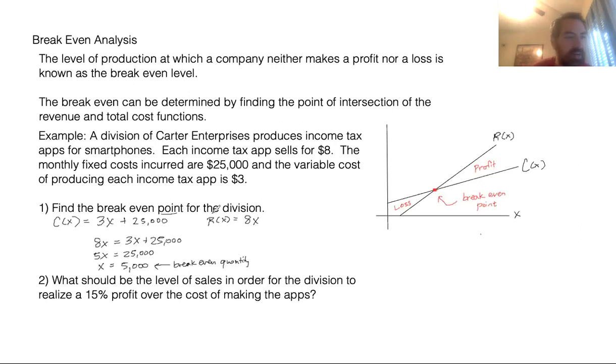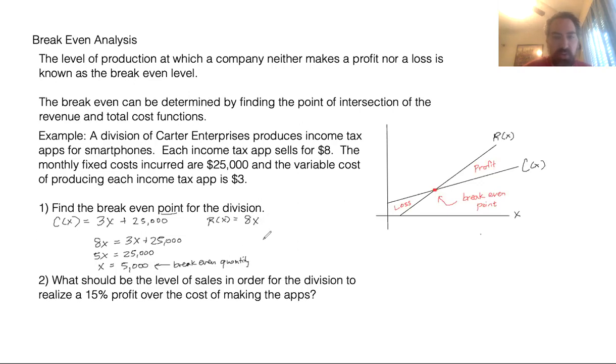To find the Y value, we can take this 5,000 and substitute it into either equation, because we forced these two equations to be equal to each other. So the Y value should be the same in both of these functions when X equals 5,000. I'm going to use the easier one, the revenue function. So when X is equal to 5,000, what's the revenue?